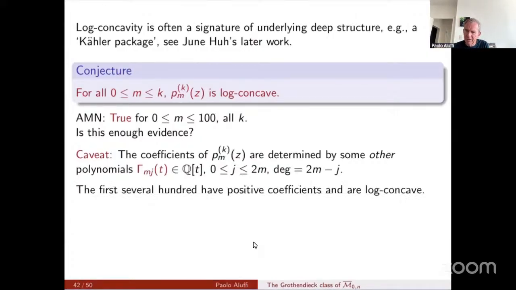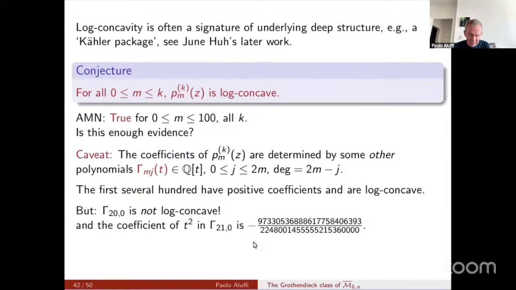The first several hundred, I'm talking about hundreds of polynomials that have very large degree and rather large coefficients, large in terms of how many digits show up. But then the 20th one, which is several hundreds of polynomials down the line, is not log concave, and the next one even has a non-positive coefficient. It has a negative.